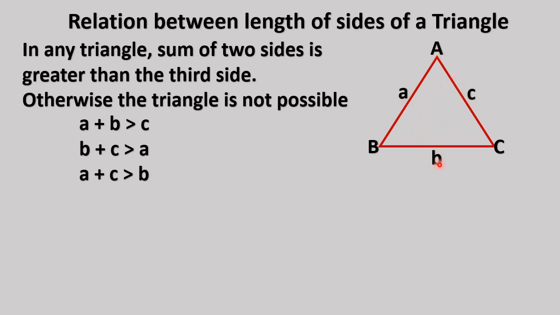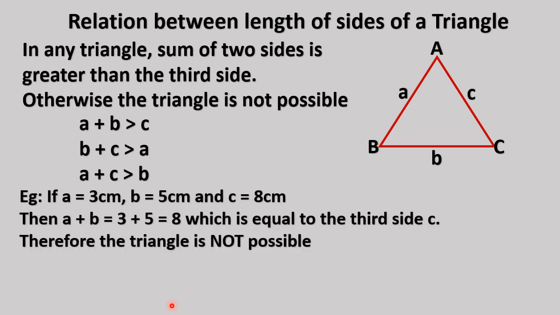That is A plus B greater than C. And B plus C greater than A, and A plus C greater than B. Any two sides' sum should be greater than the third side. Then only you can draw the triangle.